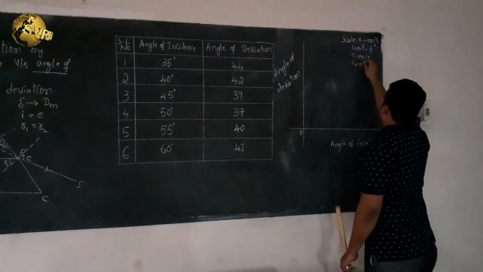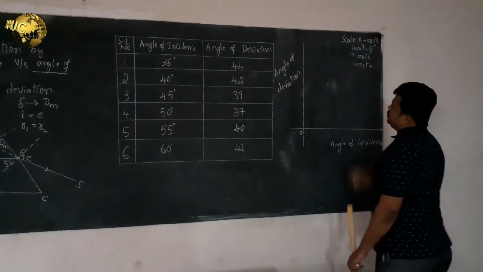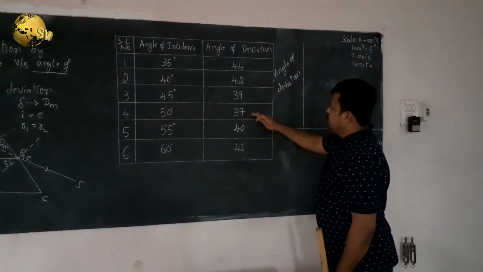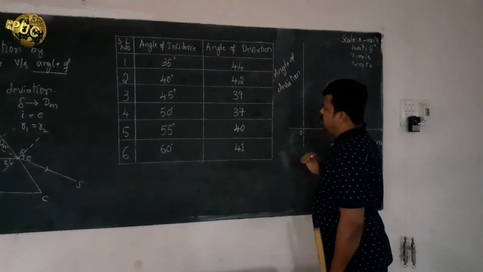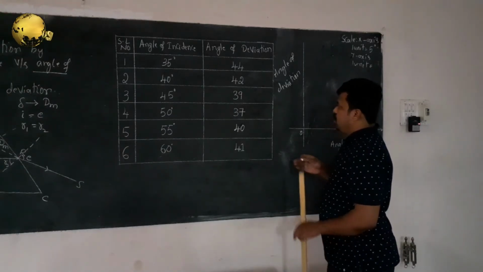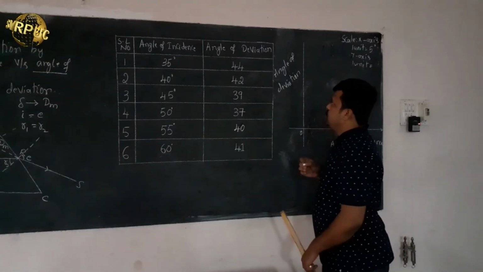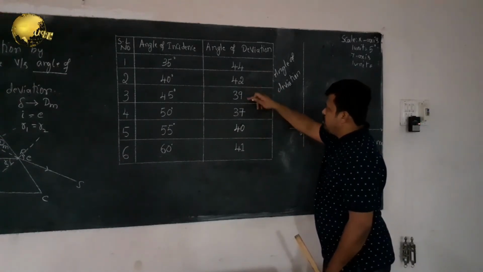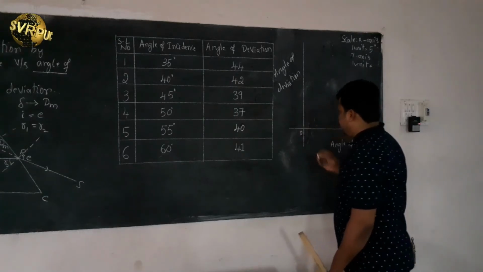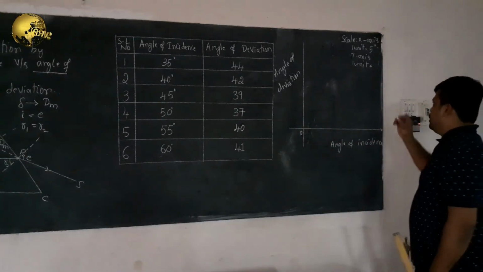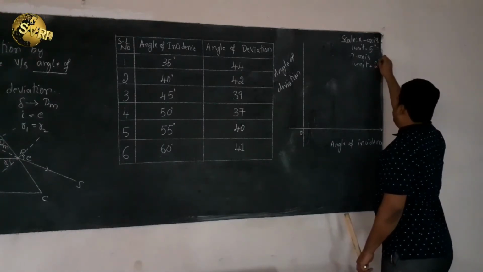On the y-axis, observe it is varying from 37 degree to 44. So it's better to start from 34. Two divisions will be better. You can see 44, 42, 2 divisions, and it's going like that. It's better to take a difference of 2 degrees.